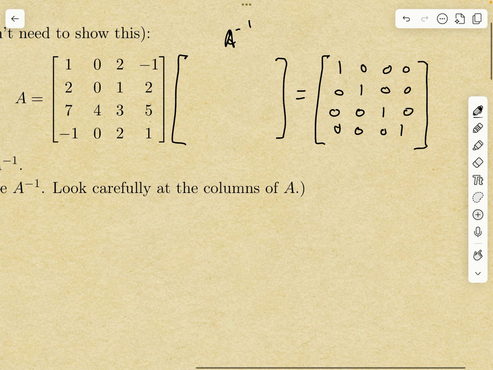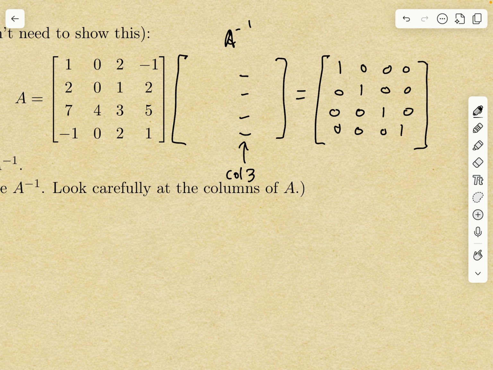And it's a helpful fact when you're trying to find the third column of A inverse. So this third column is what we want. Let's call this column 3. It's a helpful fact to remember that when you multiply a matrix by a matrix, you multiply the matrix on the left by the individual columns of the matrix on the right to produce the matrix that is the product.